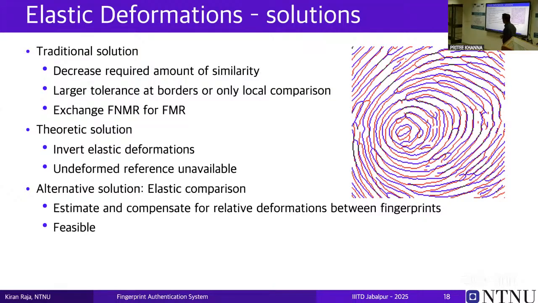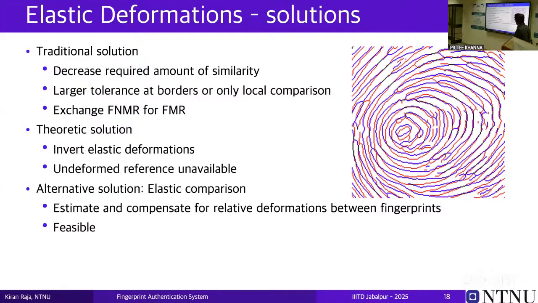And because of the way the fingerprints are captured, this is an enhanced version of the fingerprint after processing. And now after processing, you see that none of the lines are actually matched. There is some match here and here and here, but in most of the other places it's displaced everywhere.